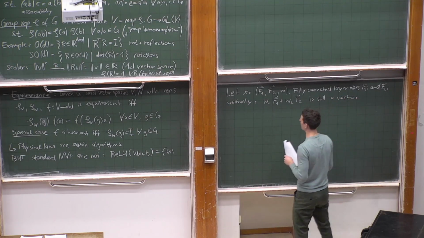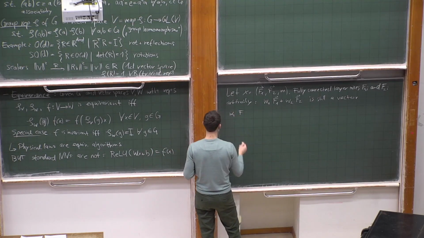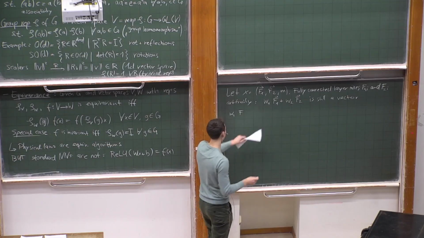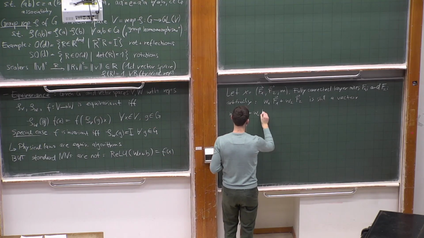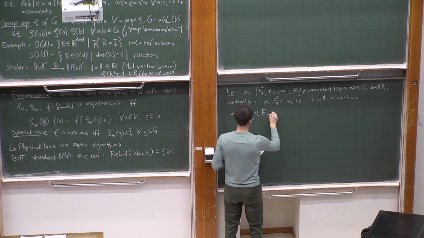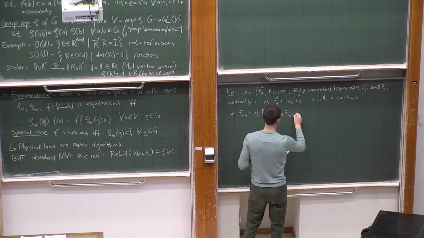But if we do something like this, we have a weight for each component, which would naively happen here. So for the first component of the force, and then of force 1, and then for the second component, and so on.